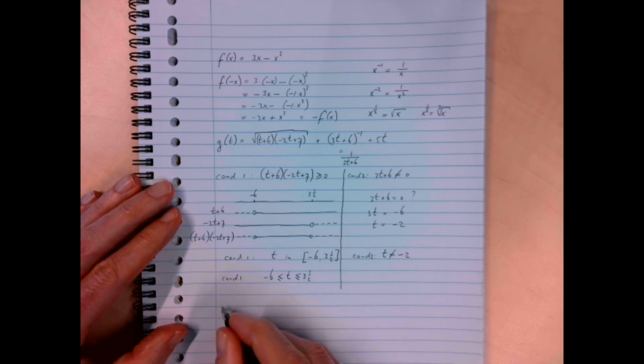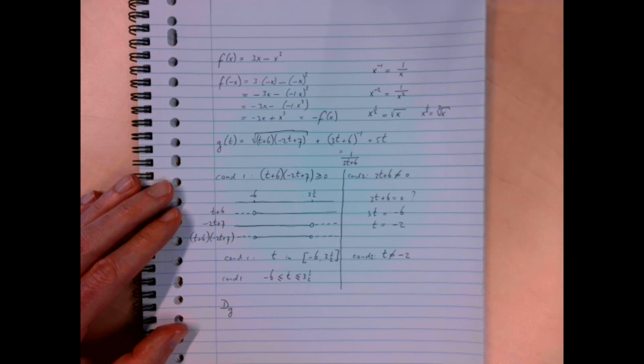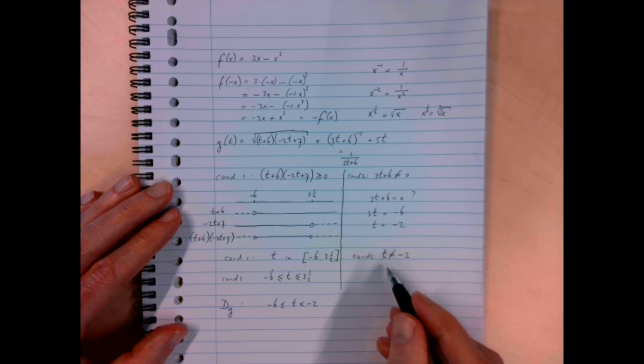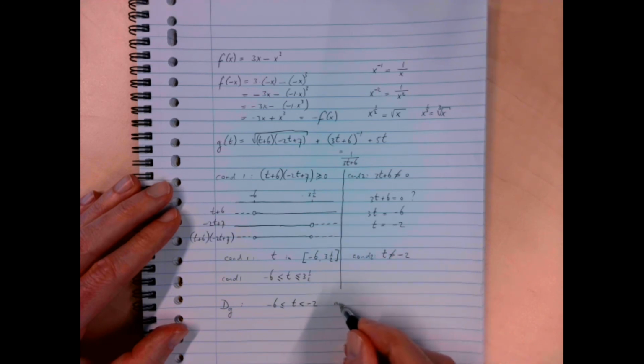So the result, the natural domain of this function g, is any number t which is, first of all, between minus 6, because of this first condition, and minus 2. Minus 2 itself is not allowed because of the second condition.